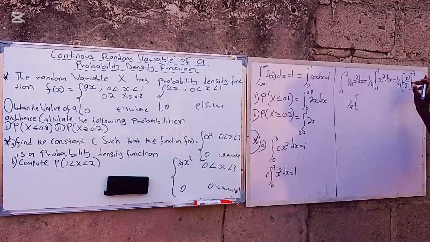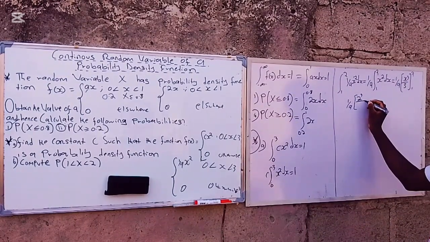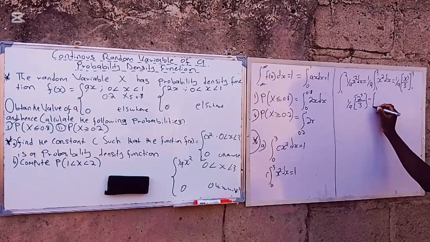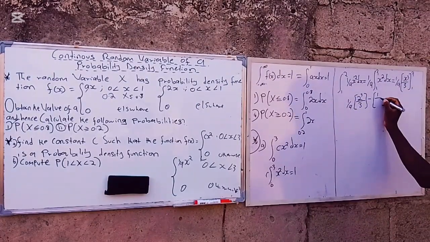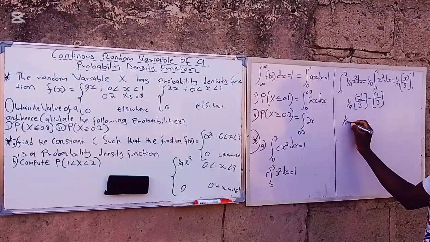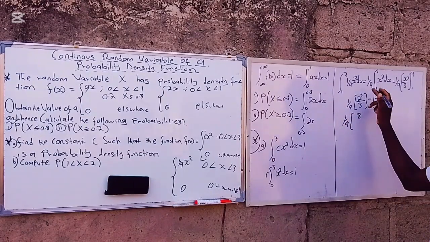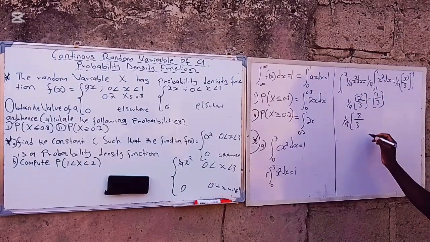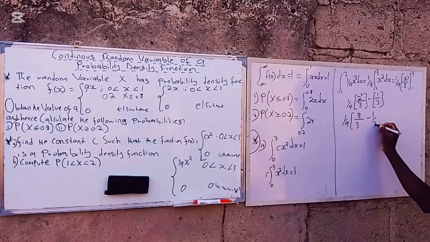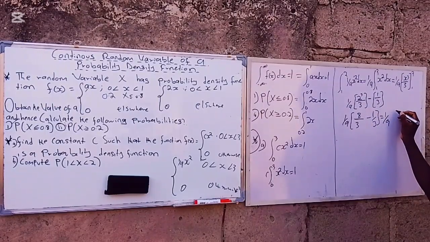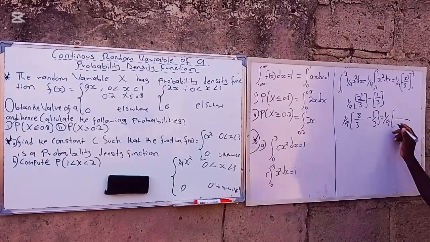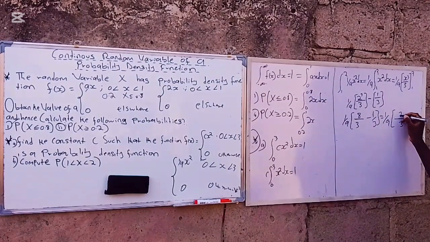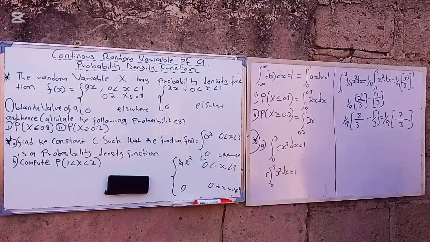So this should now be equal to 1 over 9 of the upper limit minus lower limit. This is the same thing as saying 2 to the power of 3 over 3 minus 1 over 3. So 1 over 9 of 2 to the power of 3, which is 8, divided by 3, minus 1 over 3. With the LCM, which is 3, this is 8 minus 1, which is 7, so 7 divided by 3.